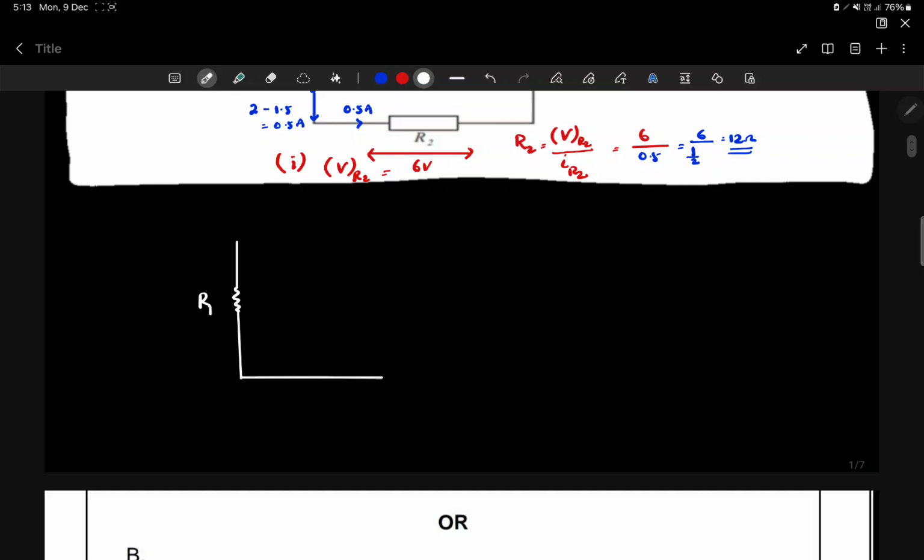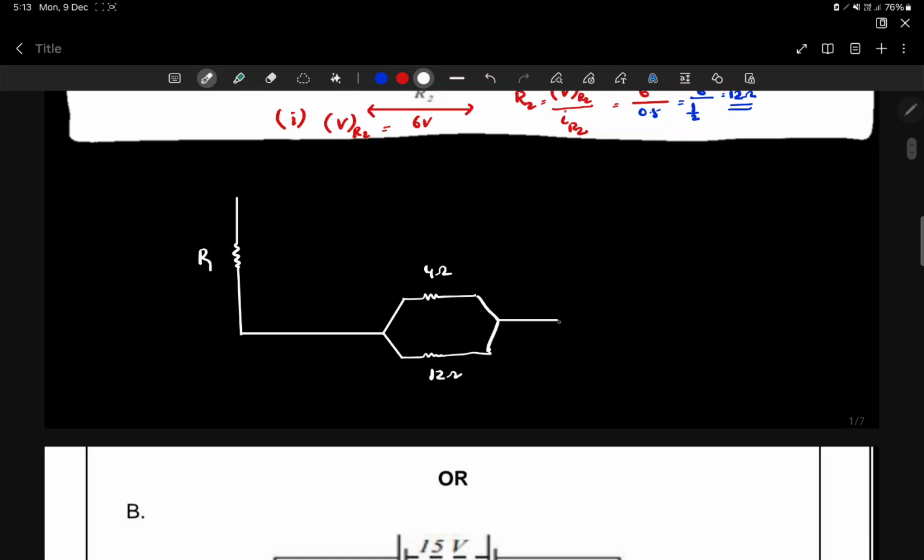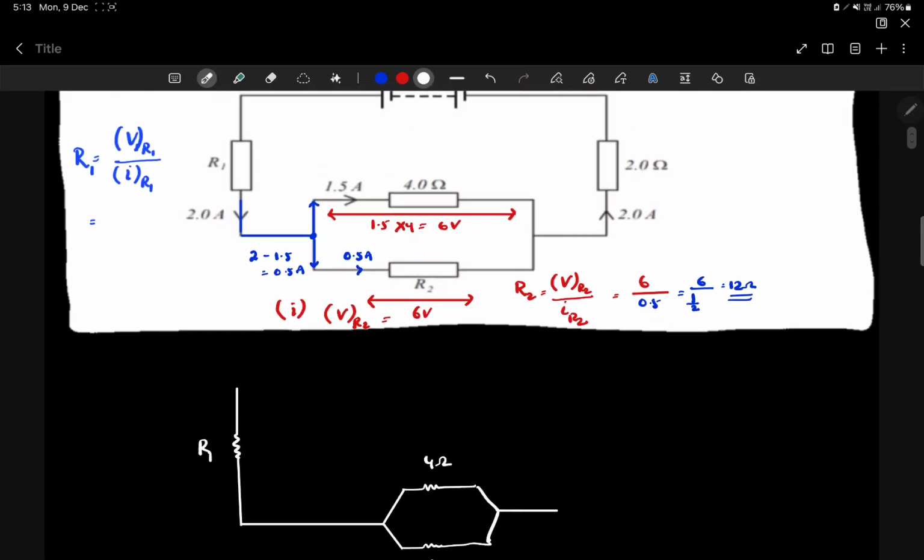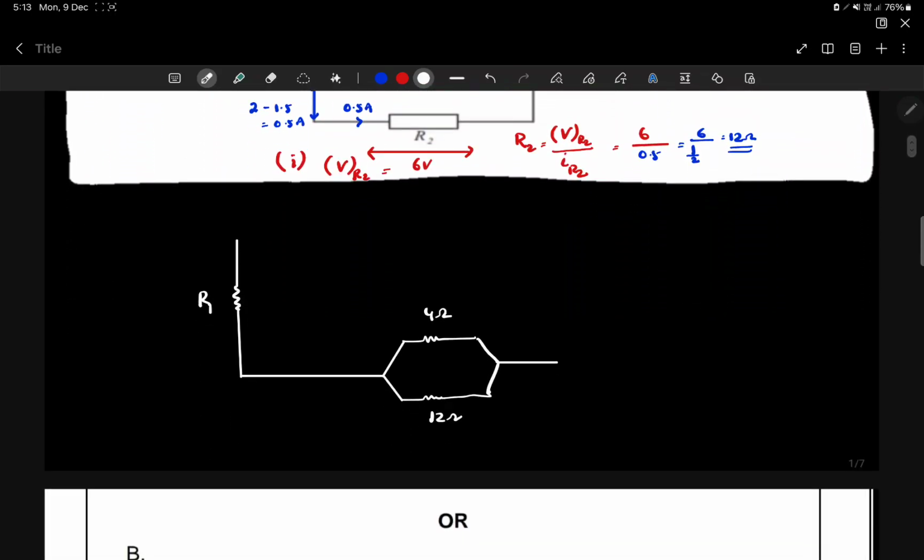Now clearly mention these two things. One resistor is our 4 ohm resistor. Another is our R2 value. Already we have discussed, R2 value is 12 ohm. And here in the figure another resistor is given, 2 ohm resistor.